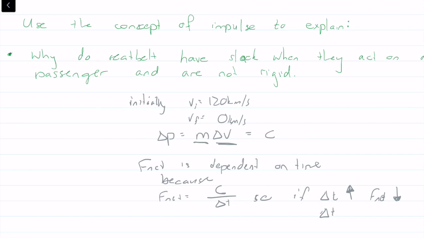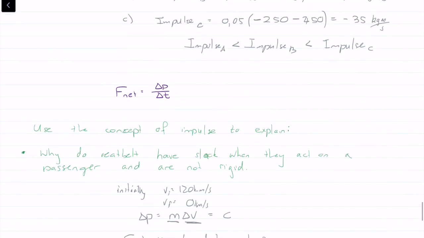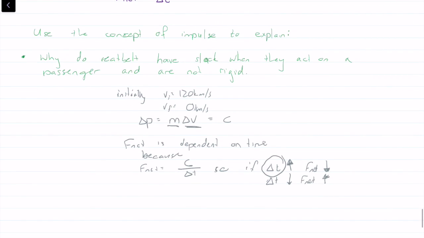If delta T decreases, F net increases. So by giving some slack, we're increasing this time. When your seatbelt gives a little, it increases the time over which you're experiencing this force, and that causes the force to go downwards.